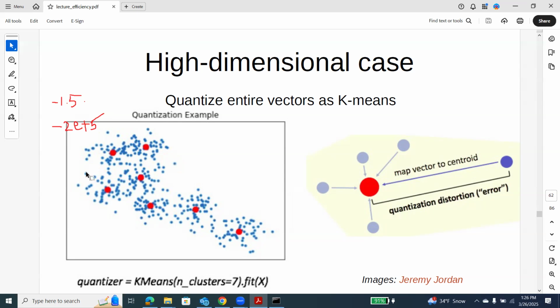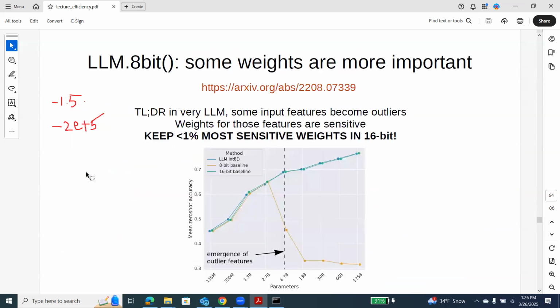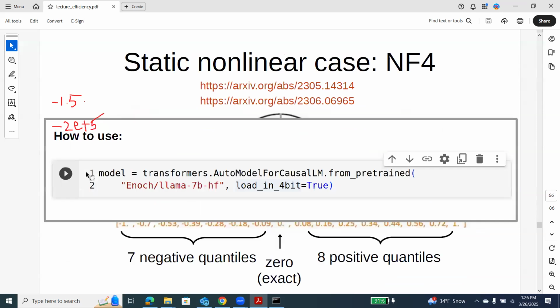So if you hear about 1.5 bit quantization, this is what people actually mean by that.